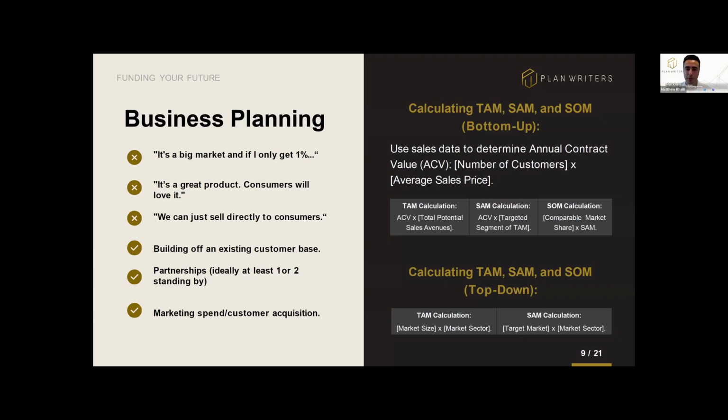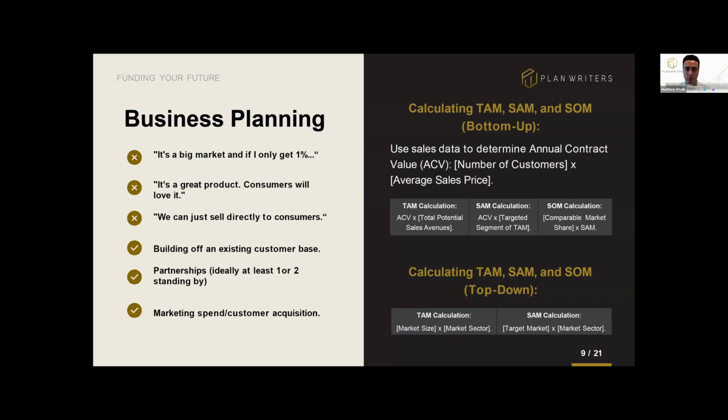Which means we want to calculate from the very, very bottom, meaning actual customers that you can identify, things that you've sold with your pipeline, really crystal clear data that you can compute from the ground up. So there are some calculations which we can dive into if anyone wants to talk later, but annual contract value times number of customers times average sales price.